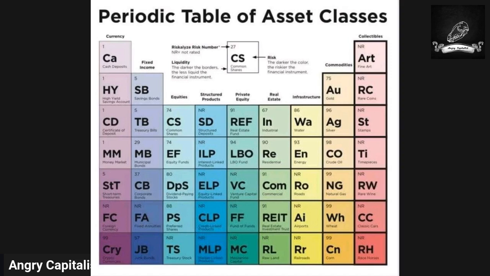So, currencies. First off, we have cash. Within the context of this table, it refers to cash, but I would say it's a little bit more specific to the US dollar. This could also apply to different countries' cash, of course.